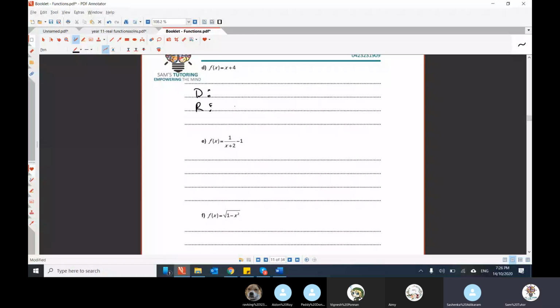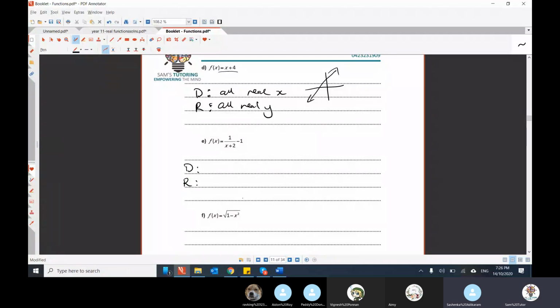Oh, no, it's just x plus 4. That's just a straight line. So if it's just a straight line, shift it up 4, it doesn't really matter. It's still real y, or real x.